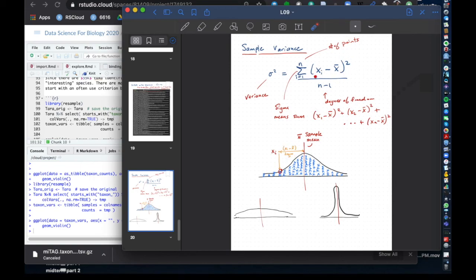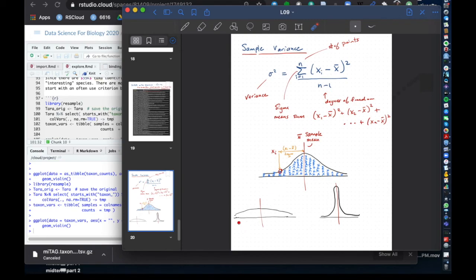It doesn't matter. But basically that's an individual taxon, and you subtract the sample mean from it and then square it. And you do it for all the points, from here to here, from this one to here, and on this side too. And you sum them all up. You divide by basically the number of points, and that's your sample variance.